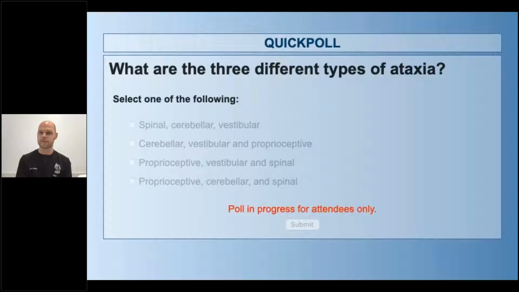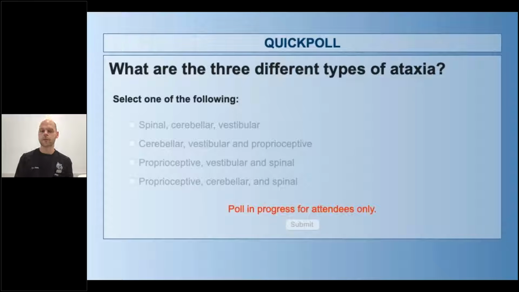Looks like we're about 50% voted so far. All right, we're at about 70%.